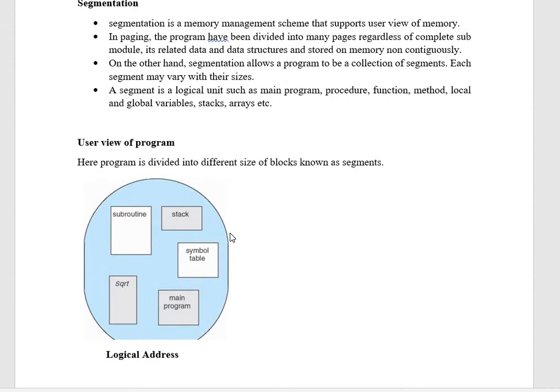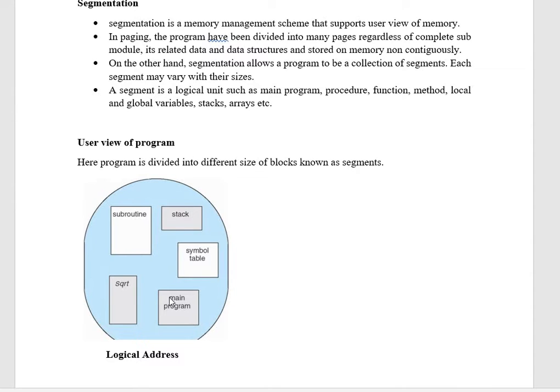When we view the program under segmentation, you would look at the program this way. The program is divided into different size blocks called segments. Instead of dividing it into many pages, the entire program is divided into segments, where a segment can be one complete program, or a subroutine, or relevant information about the stacks used, or the symbol table of that particular program.